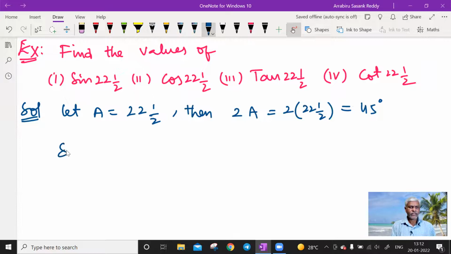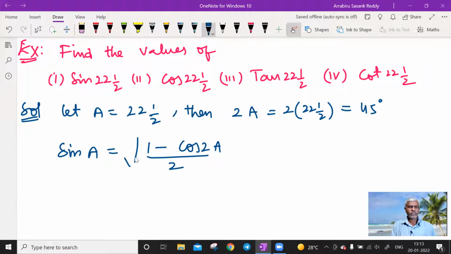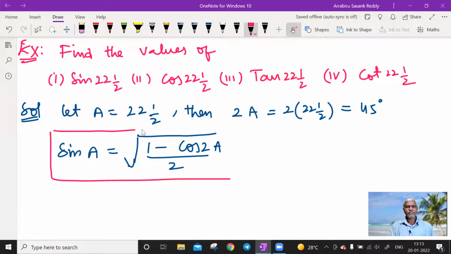And we know that sin square a is equal to (1 minus cos 2a) by 2. If you need not take the square, sin a is equal to under root (1 minus cos 2a) by 2. So this is the formula we use.